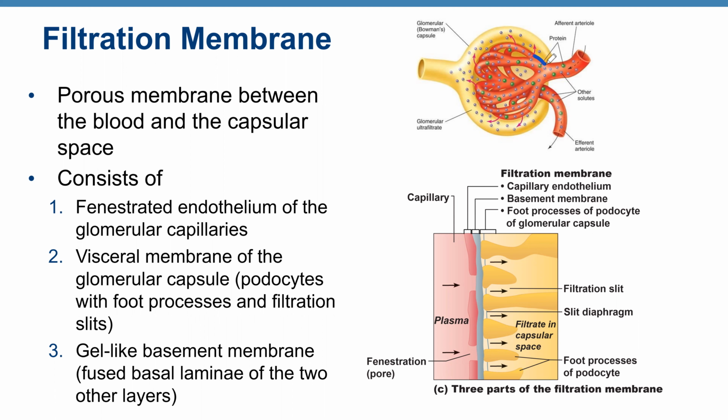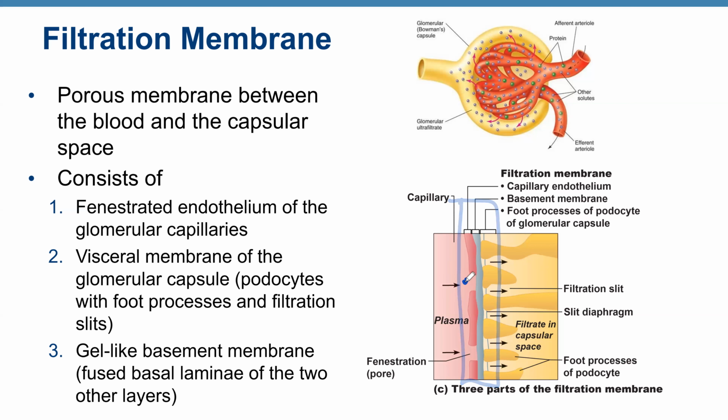So here's your blood. Your point is to remove water and solutes, soluble substances, from your blood, but prevent proteins and cells from leaving your blood. That makes sense? That's why we have this filtration membrane.